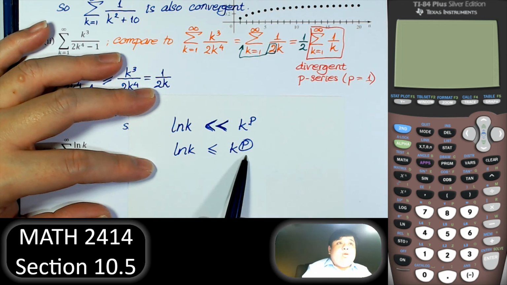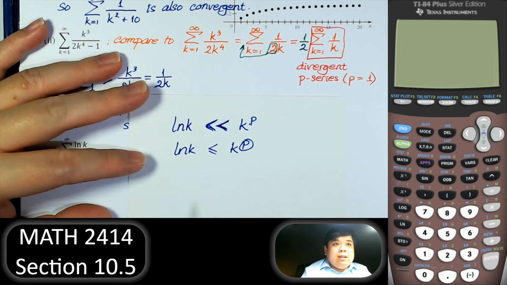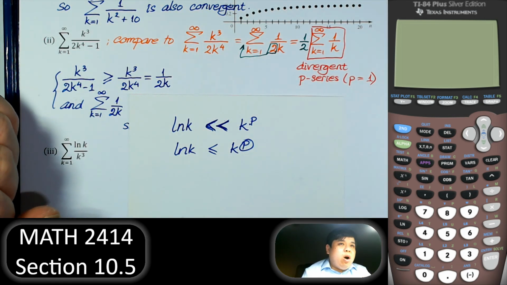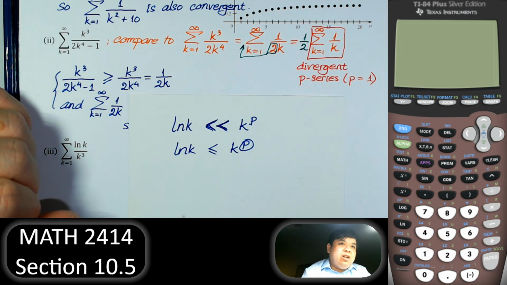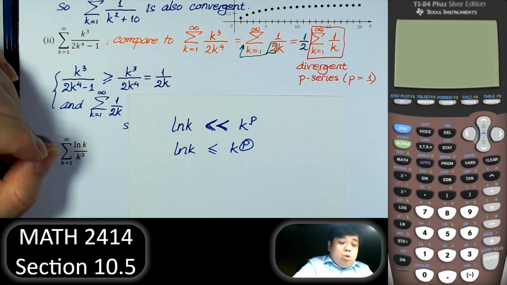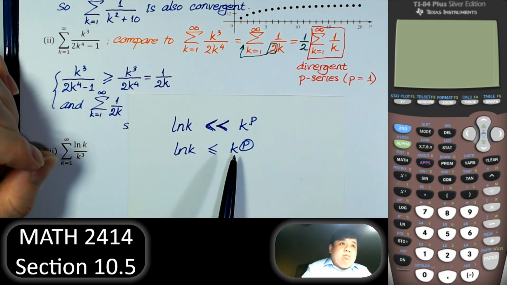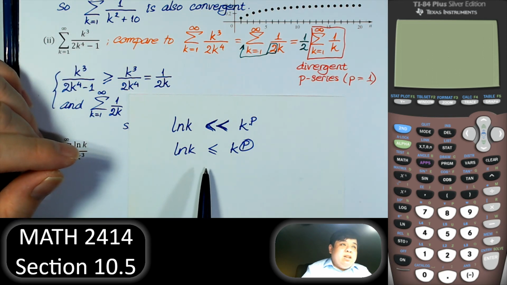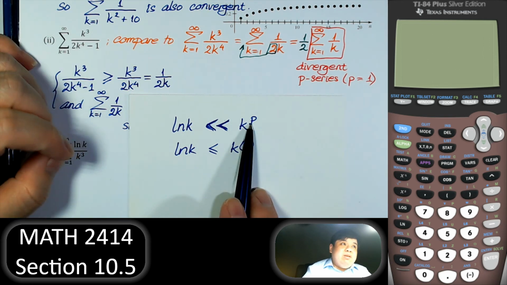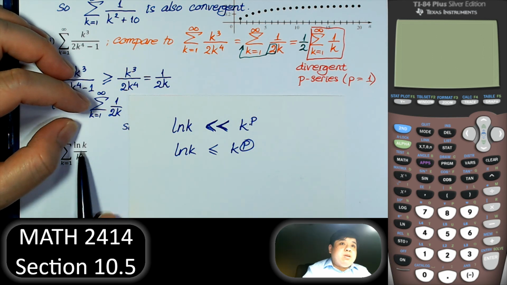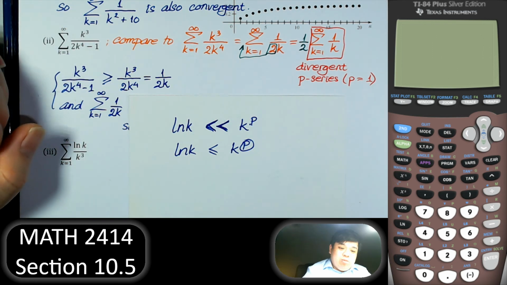But what do we choose for the power here? So we choose 1, 1/2, 2, or 3. Now, the trick here is, usually if this is the case, the smaller the better. So we don't want to choose 5, because if we choose 5, the top is bigger than the bottom, and it is not going to work.